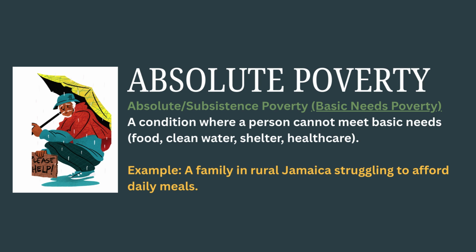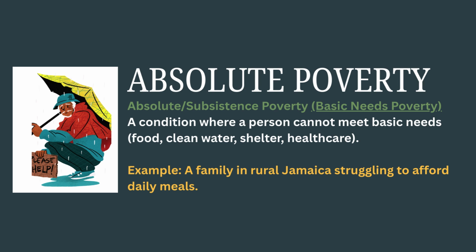Now, absolute poverty is a condition where a person cannot meet their basic needs, which you know, your basic needs: food, water, as a matter of fact, clean water, shelter, health care. Now, if you're living in a situation where you cannot meet these basic needs, you are defined by definition as absolutely poor.